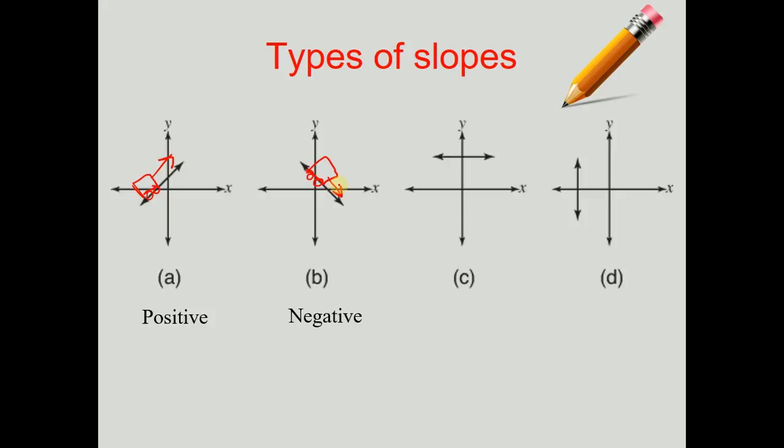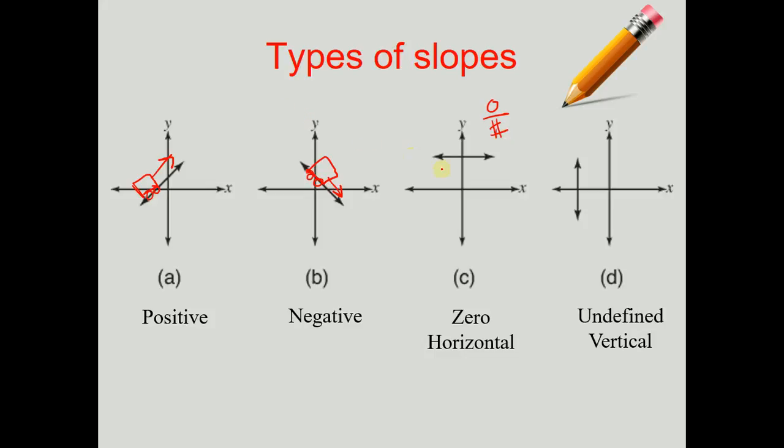Now, here's the ones that students struggle the most with, is the horizontal line and the vertical line. Horizontal is a 0 line. It has 0 slope because I am running a whole bunch but not rising at all. So it'd be rise 0 over some number of running. Okay?